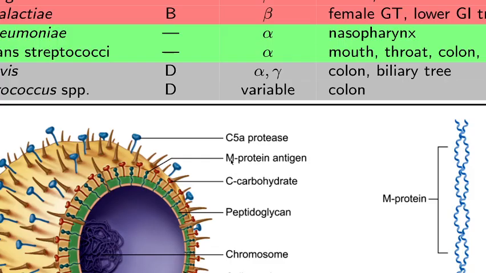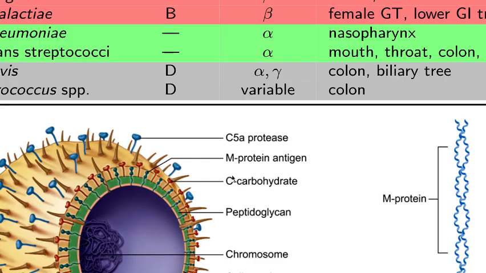This antigen can show cross-reactivity between the bacterial cell and an antigen on the cardiac muscle, leading to rheumatic fever, or an antigen on the basement membrane of the glomerulus, leading to post-streptococcal glomerulonephritis.